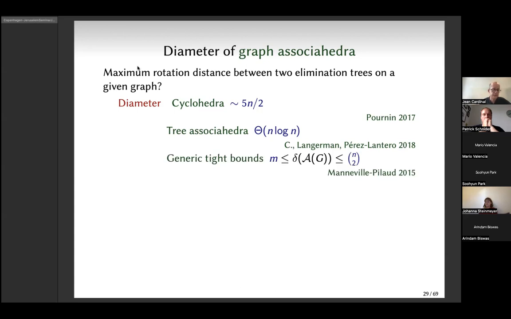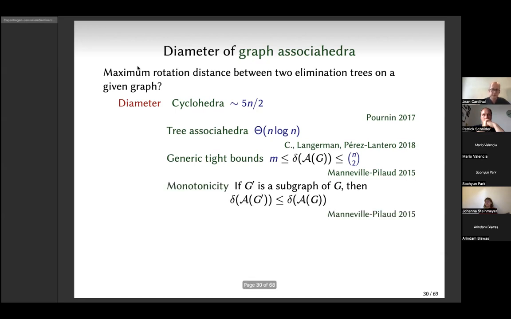Okay, in general, if you just look at the number of edges and vertices of the graph, you have this result. I mentioned this, the upper bound is n choose 2. This is the diameter of the permutohedron. And Manneville and Pilaud also showed that it was at least the number of edges. This is not too difficult to show, but it's somewhere between the number of edges and n squared. These are the things that were known before.